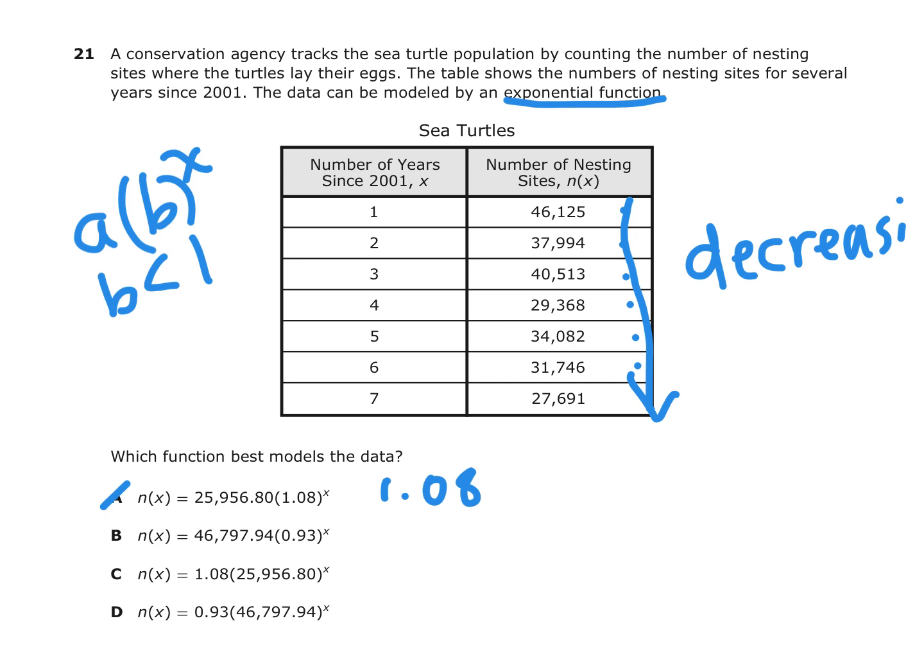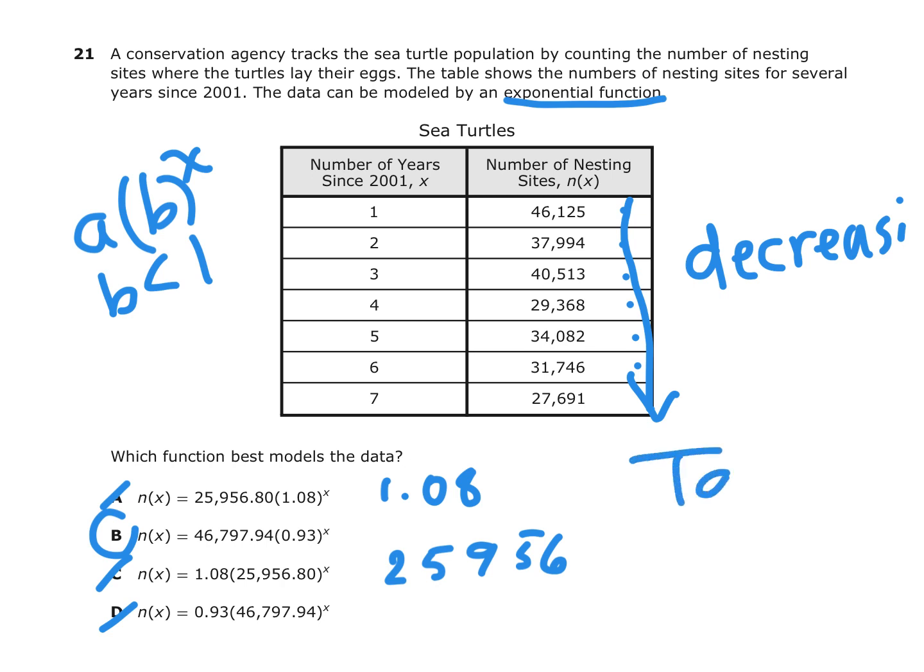C is 25,956. That'd be your multiplier every year. That's huge. That would be way out of line. And so is D. The one that makes sense the most is answer B. What you can do is graph that on the calculator and look at the table of values to see that it matches up with this table right here.